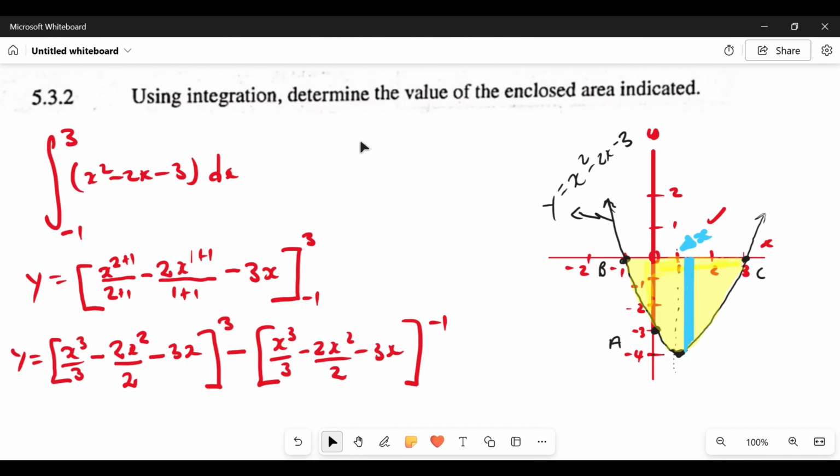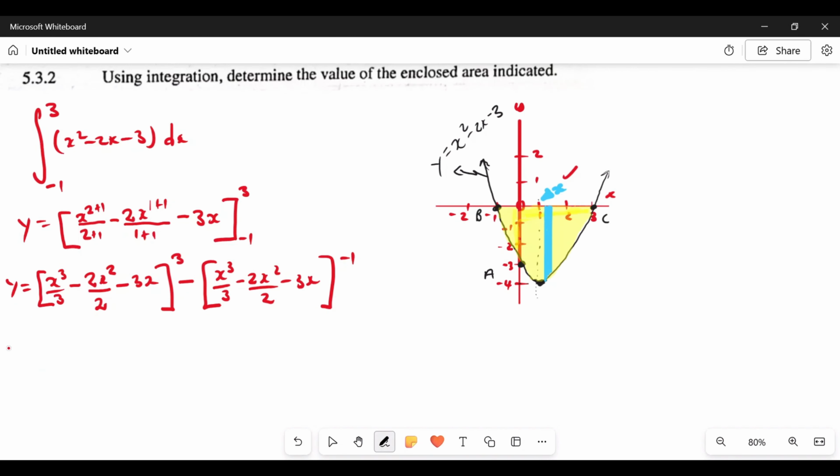Right, let's continue. Let me create a little bit of space there so that we can continue. Right, so when we continue, we're going to substitute the limit on the axis. So let's start. For the first one, we're going to put 3 to the power of 3 divided by 3, minus. Now let's go to the second term on this bracket. 2 and 2, when they divide, they're going to give you 1.